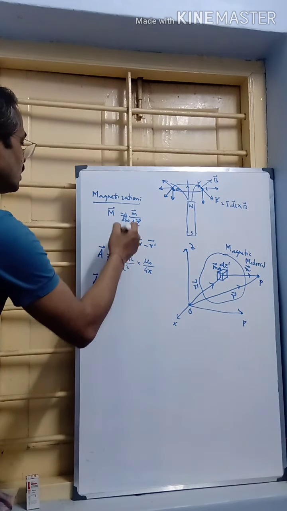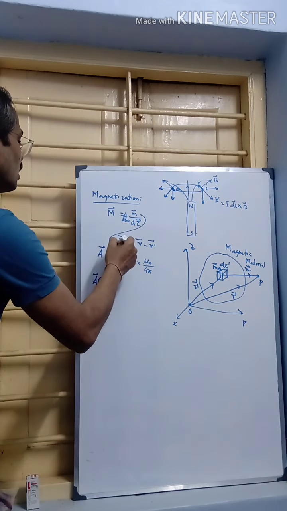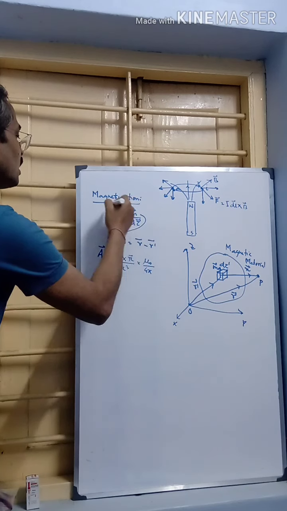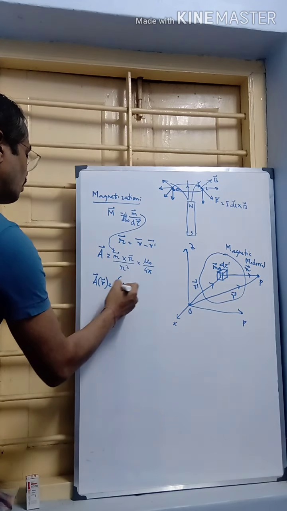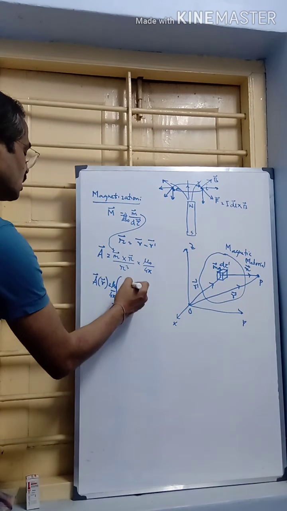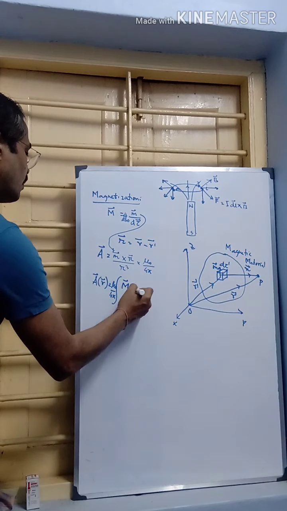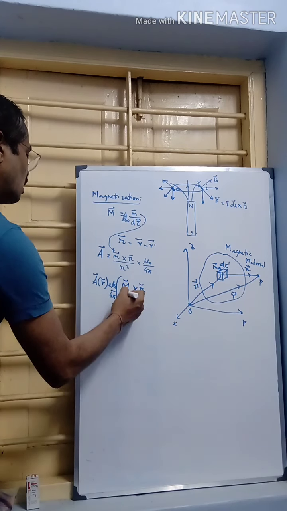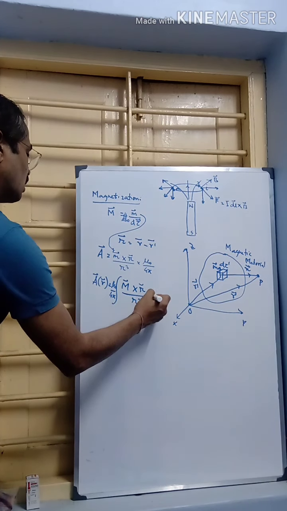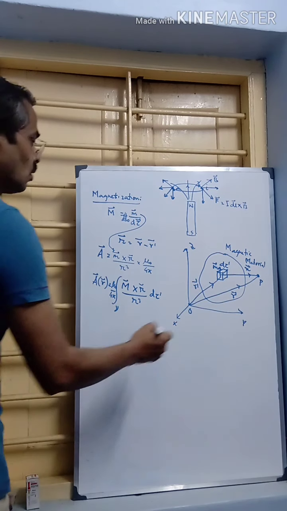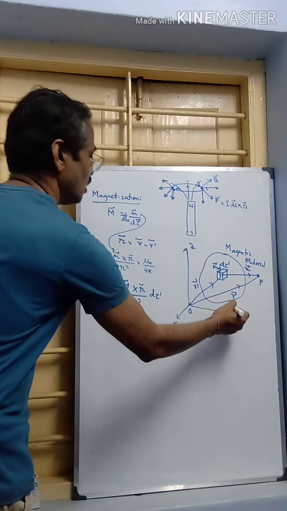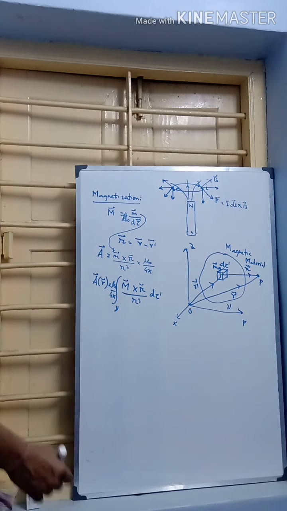Now we can replace this m by M d tau. So we can integrate it as mu naught by 4 pi, which is a constant, M cross curly r by curly r cube d tau prime integrated over the whole volume of the magnetic material.